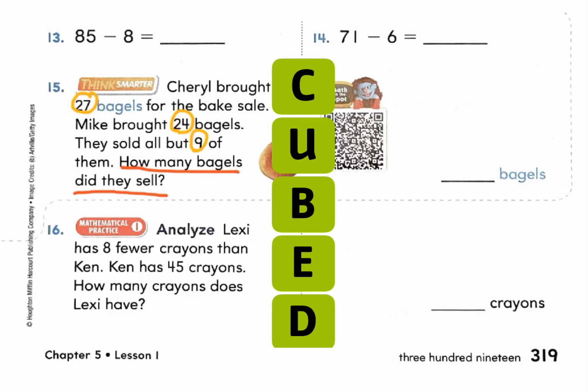We know Cheryl brought 27, and we know Mike brought 24. They sold all but 9 of them. Sold means they got rid of. All but, so they got rid of all of them except for 9. So I think that's really important to know.